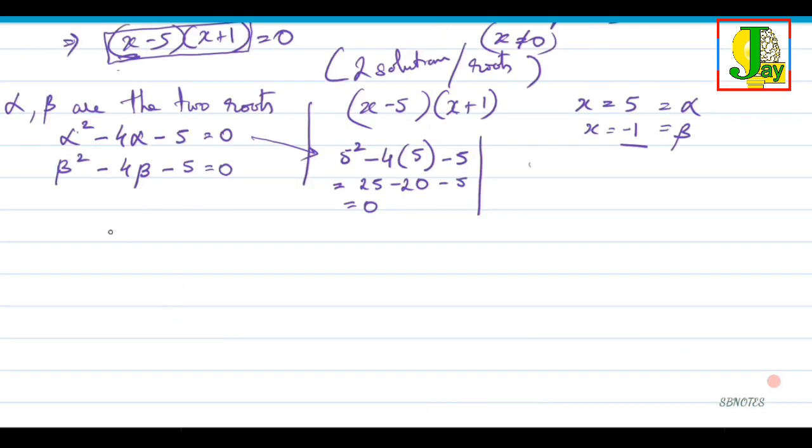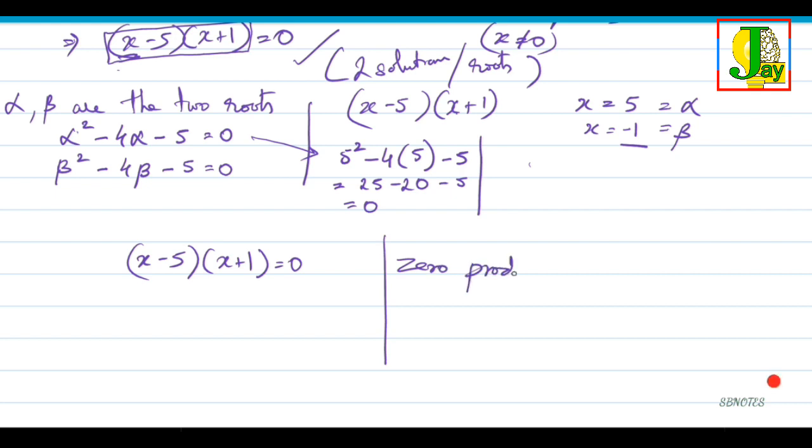Now how to solve a given equation? Once you get the equation in the form like (x minus 5)(x plus 1) equals 0, as we have already seen, then we apply the zero product rule. Now what is the zero product rule? Suppose we have two numbers which when multiplied give you 0.